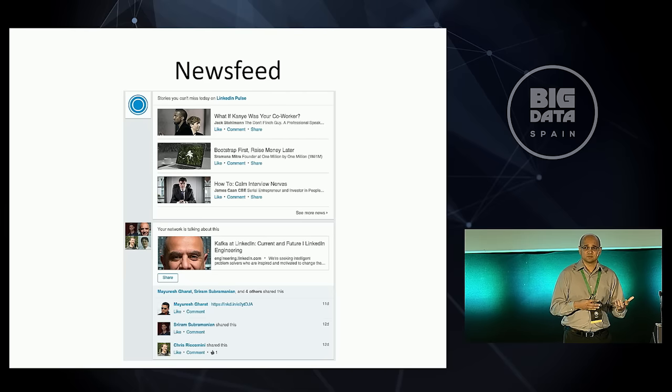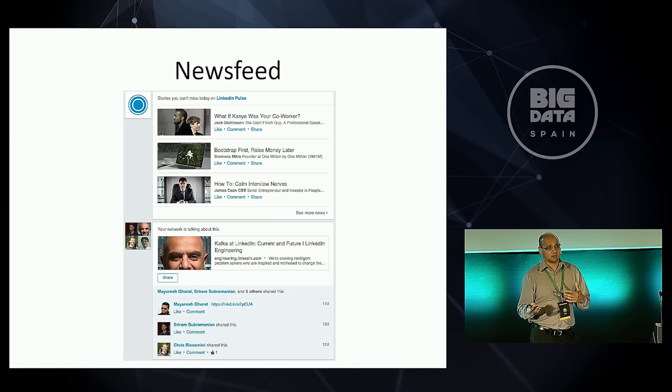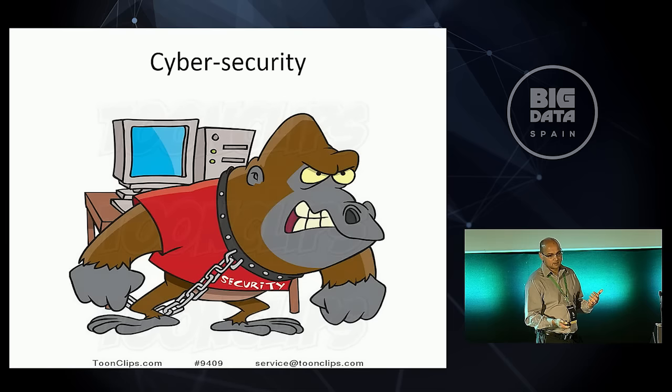It could be news about some connections of yours who did interesting things. But we want this to show up in real time, right? We don't want you to see news that happened 4 hours ago or even a day ago. We want it to be there immediately. And by the way, this is true for practically every system out there that you want to use at LinkedIn. We want the website to be very interactive.